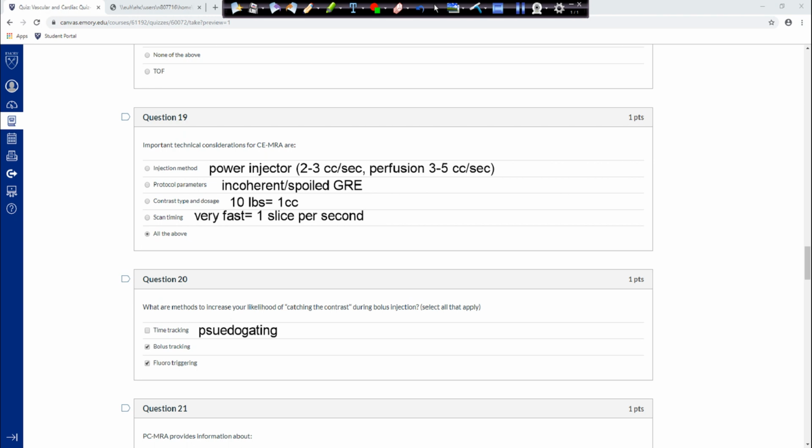You put a little marker right on that abdominal aorta, and it knows once that contrast has hit that particular marker, we have a signal increase, and that lets the system know to start the pulse sequence right as the signal increases within that vessel.